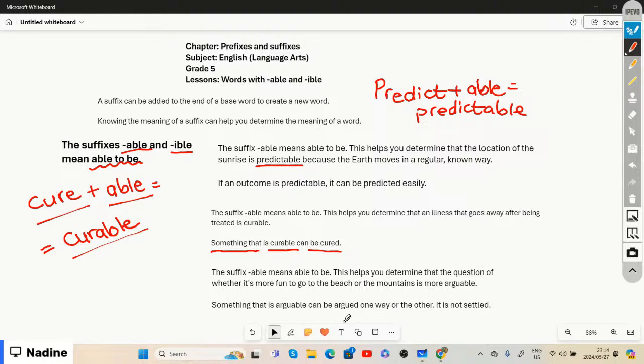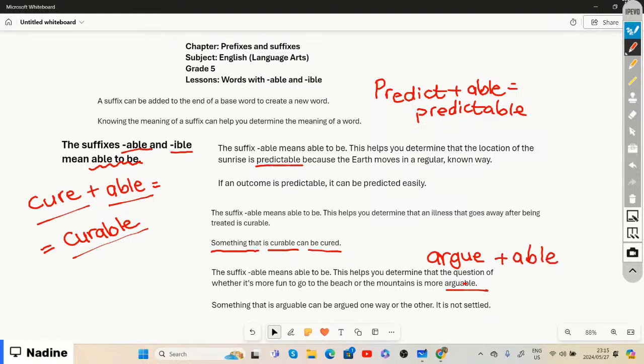All right, if we look at another word, right? Then we have another word. The word is arguable, right? Arguable, which means that that is argue plus able, right?